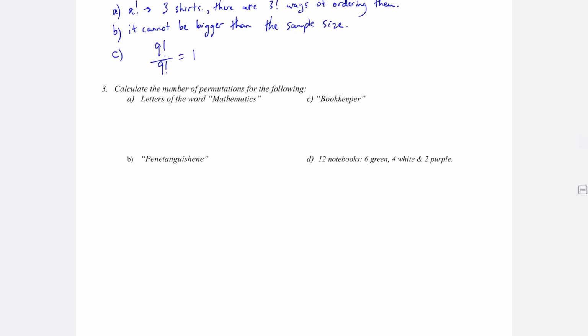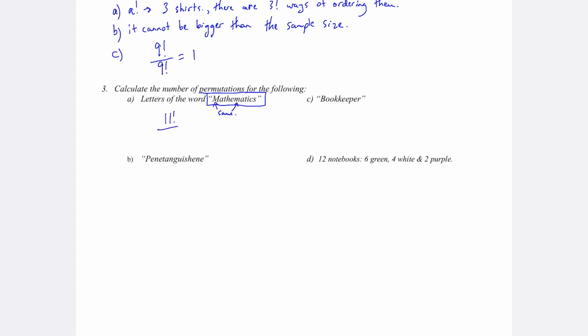All right, calculate the number of permutations for the letters of the word mathematics. Okay, there's 2 ways we can look at this. For the sake of this question, let's assume that these 2 M's are the same. Okay, I see that one of them's capital and one's lowercase, but let's just assume they're the same. So how many letters are there in the word mathematics?